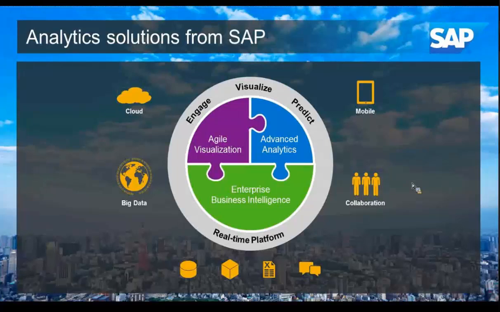And I can tell you that from SAP, we are the only vendor in the market today that can do all this engaging, visualizing, and predicting, taking care of predictive requirements from the end users. We have a fully governed data visualization strategy with a solid platform and a powerful engine called HANA behind the scene.